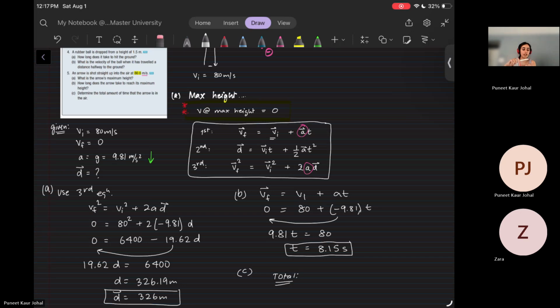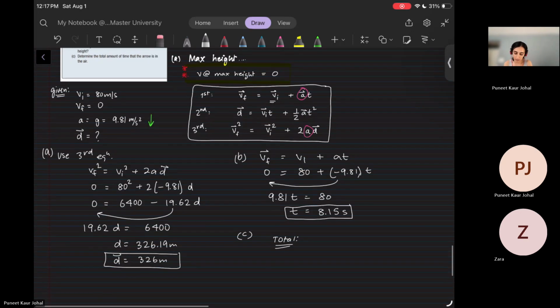If it takes about 8 seconds for the arrow to go from the ground to the max height, from max height to the ground is also going to take 8 seconds. The time it takes to go from ground to max height is the same time it takes for max height to come down to the ground. I will prove it to you next time, but in this case, you can just double the answer.